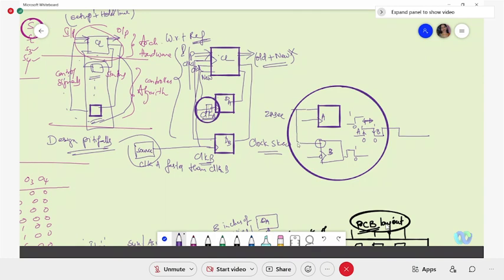Let me be clear. Say new input is happening. This is also a new input. New input of this, new input of this is ready. The new input of B will be sensitized when the clock is going from 1 to 0. The new input on A will be sensitized when the clock is going from 0 to 1. That means when A is sensitizing its new input, B is still holding the old data.